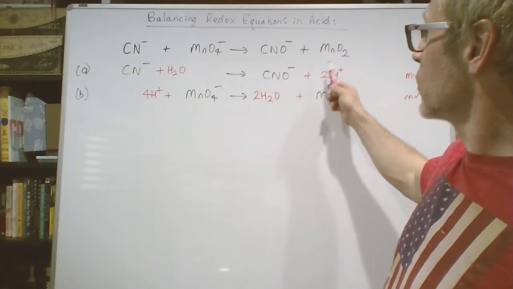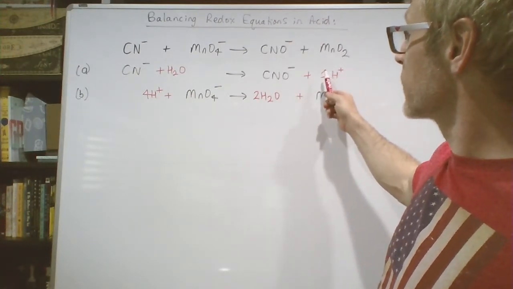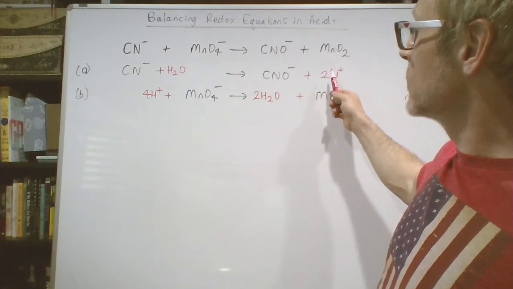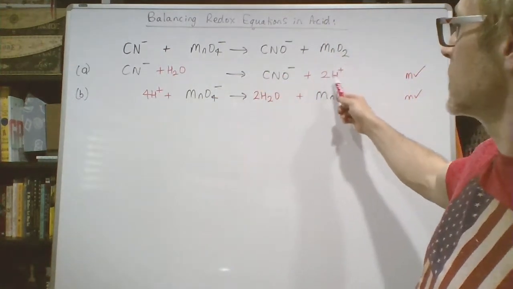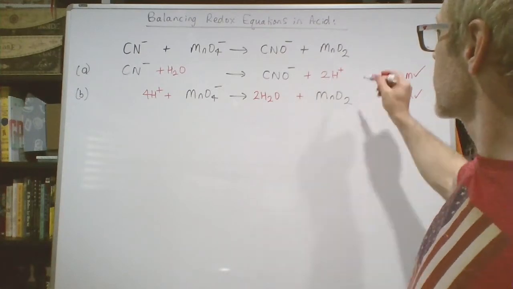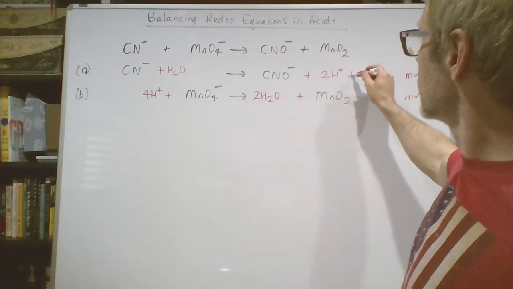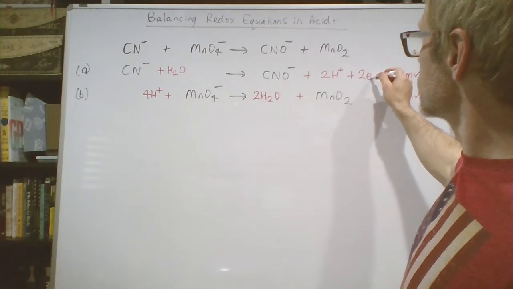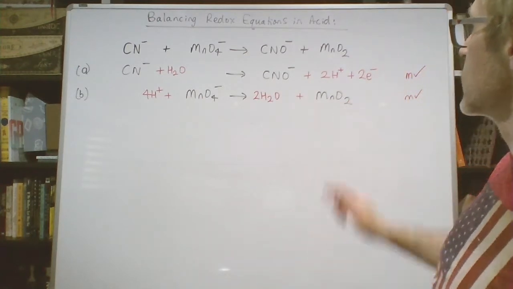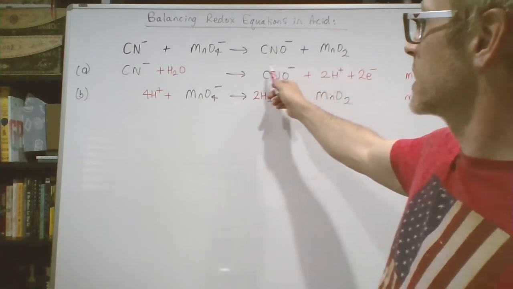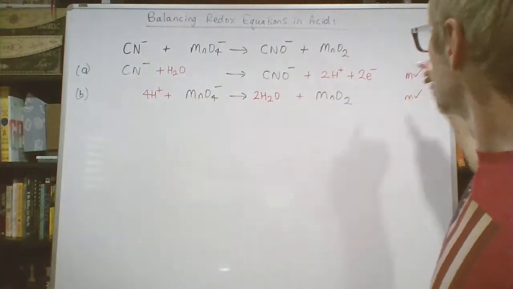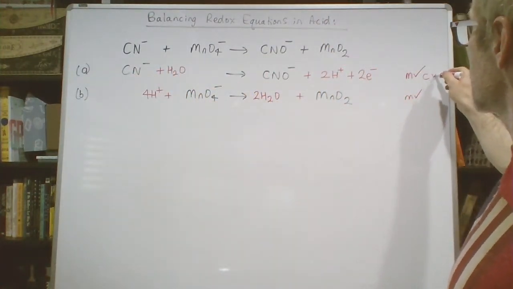But then I have 2 extra positives here. These are balanced, but I need to get rid of these two. So I'm going to go ahead and add 2 electrons, which are negatively charged. So the 2 electrons mop up those 2 positive charges, and then a negative equals a negative. So my charge C is now balanced.